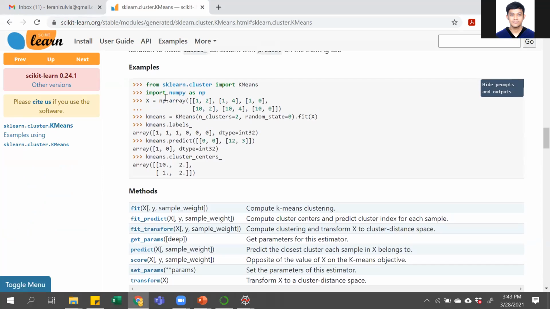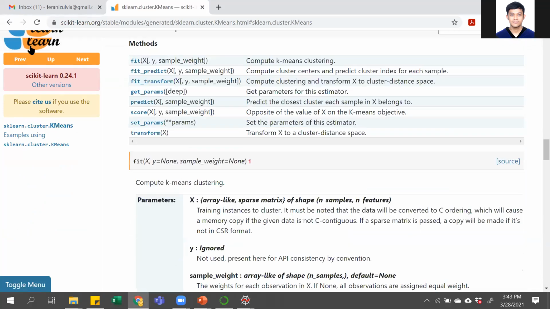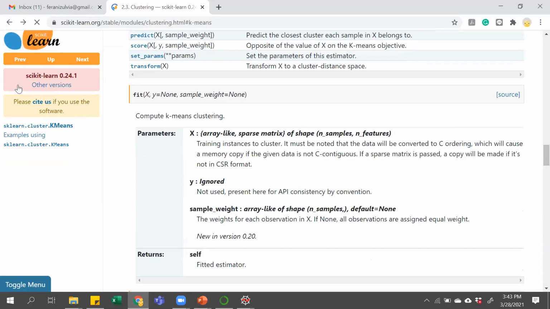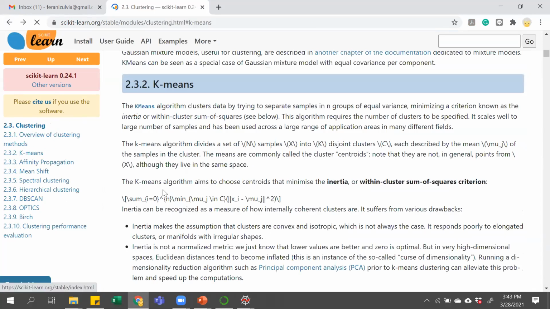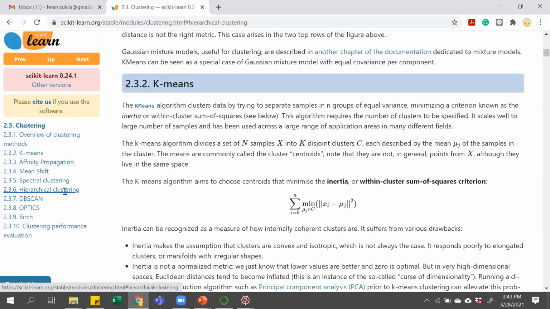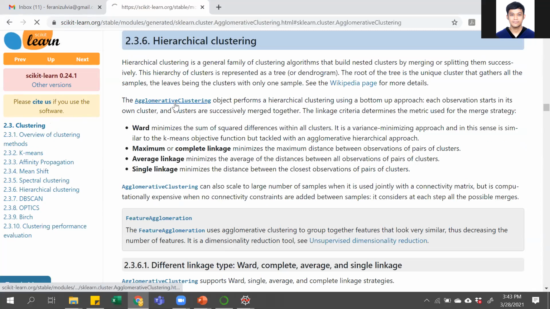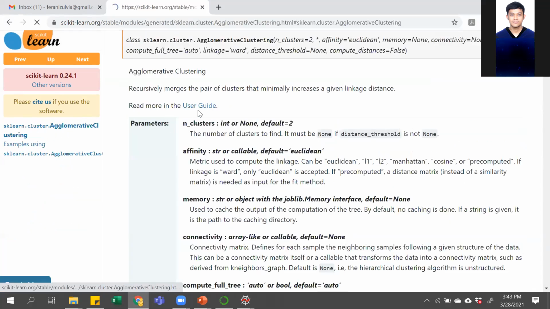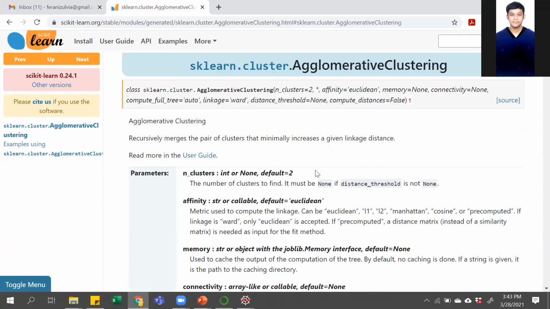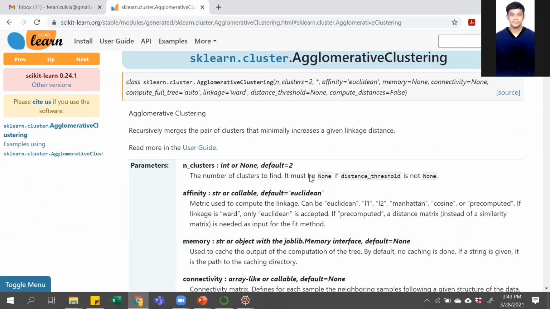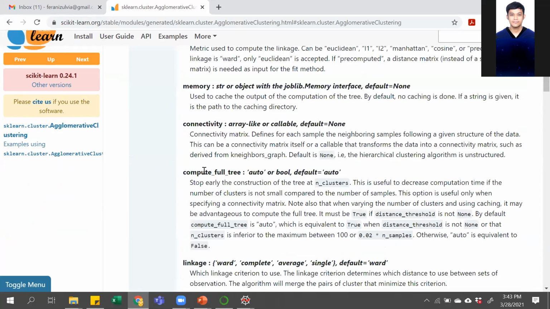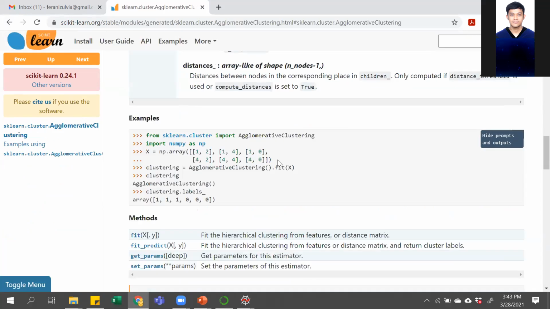You just simply copy this program, run it, and try. And if you want to try hierarchical clustering, they also give us this one, the agglomerative clustering, hierarchical, and this is the example you can try.